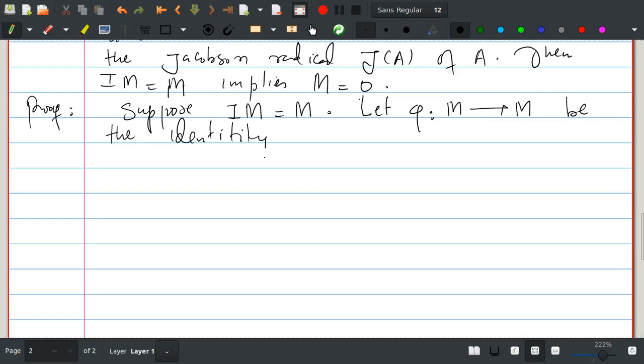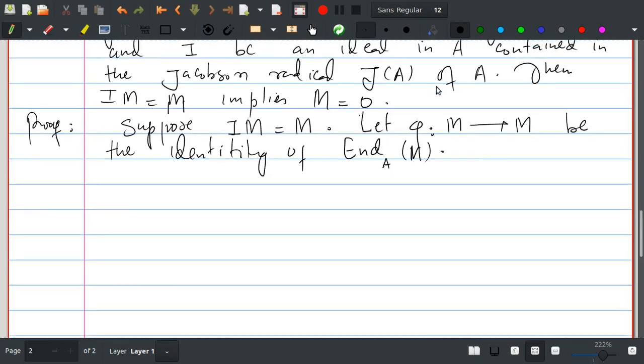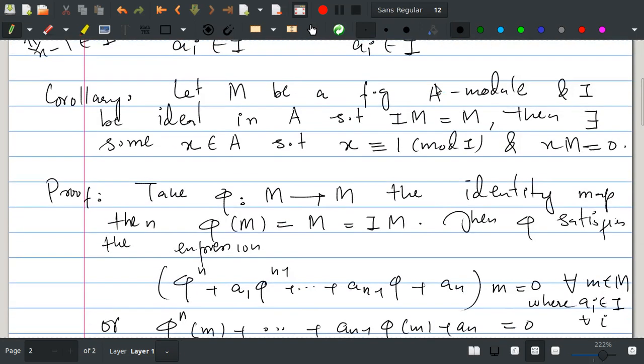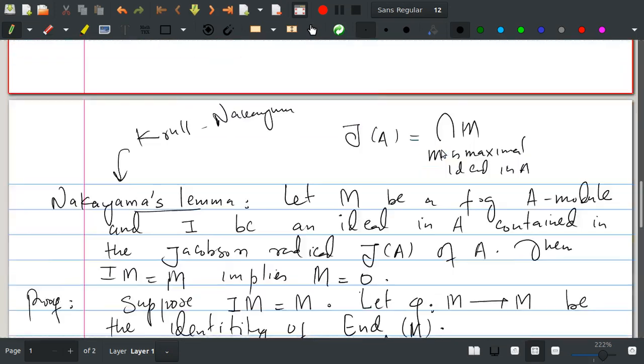Then by the previous result, I mean by this result over here, we can find an element x in A which annihilates M and is congruent to 1 mod I.